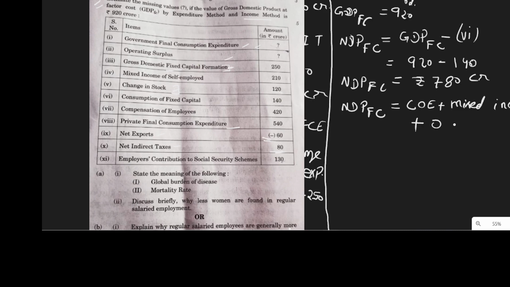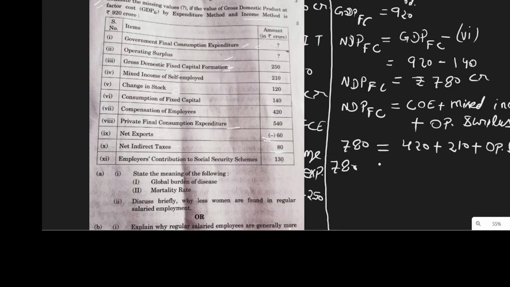NDP-FC is 780. Compensation of employees is 420. Mixed income is 210. Operating surplus is unknown. That is to be calculated. 780, I'll bring these two here.